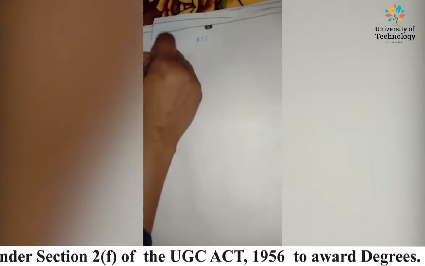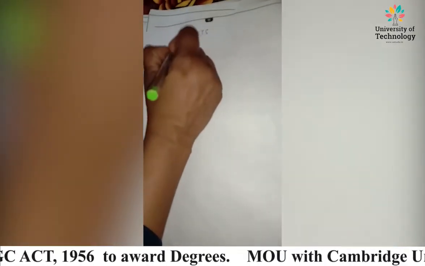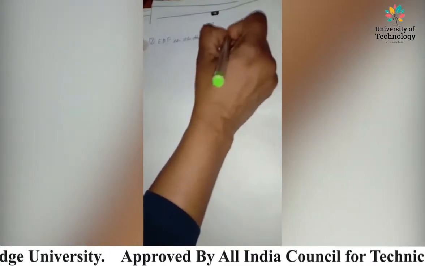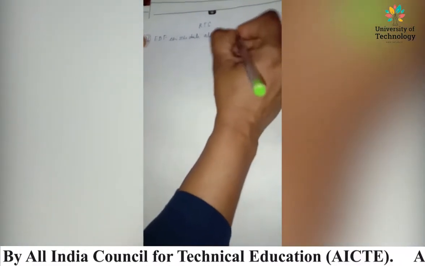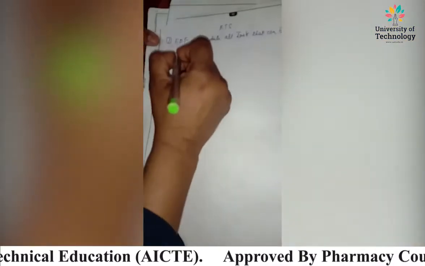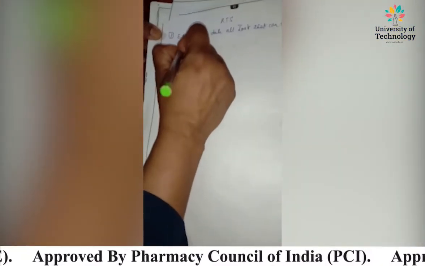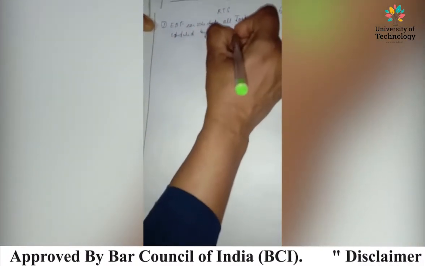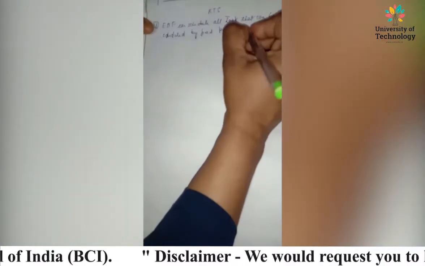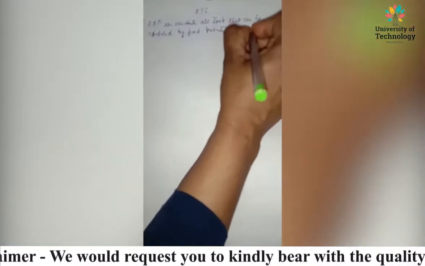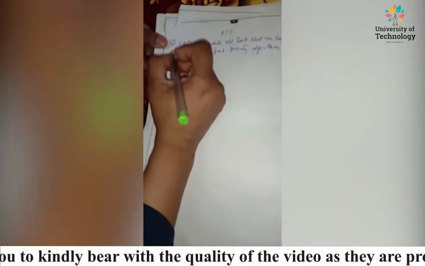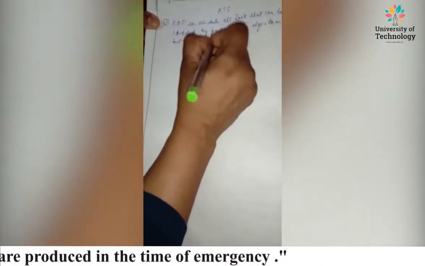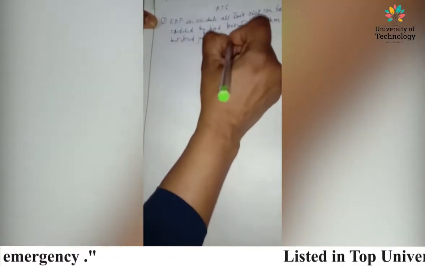The first point is that EDF can schedule all tasks that can be scheduled by a fixed priority algorithm, but fixed priority can't.